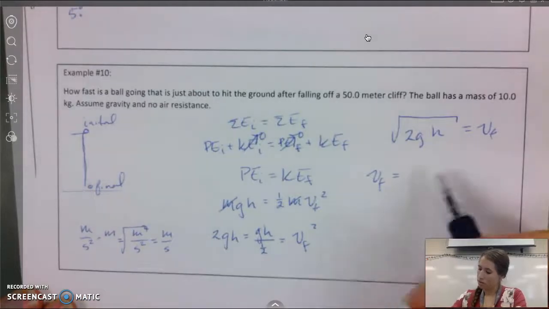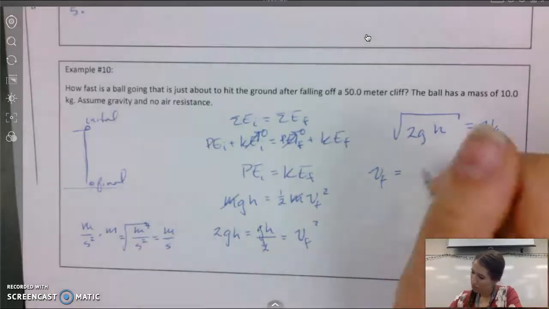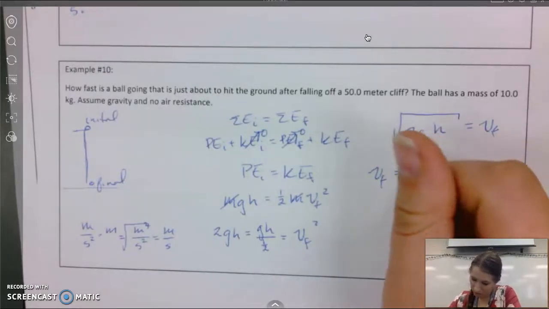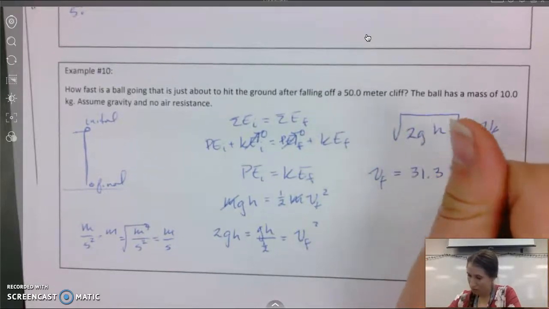Okay, good. So let's plug this in. Square root of 2 times 9.81 times that height, which was 50. And then it looks like we're working with 3 significant figures, so that'd be 31.3 meters per second.